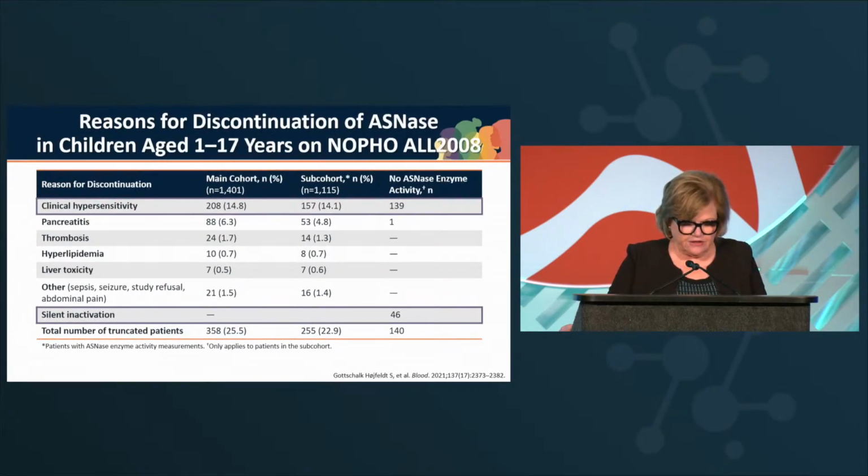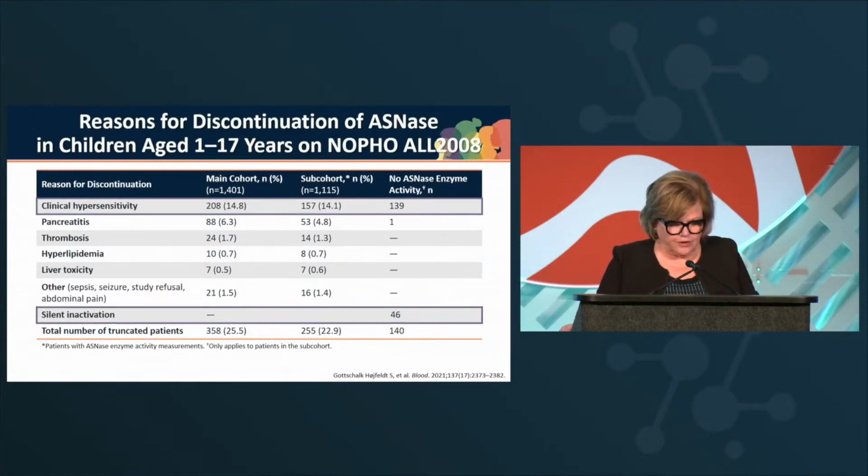And you can see here in a cohort, where the main cohort had hypersensitivity, and in that cohort, we had no asparaginase enzyme activity. So that particularly is where we would want to discontinue the asparaginase. And when they looked at levels, they actually saw that they had silent inactivation in 46 of those particular patients.